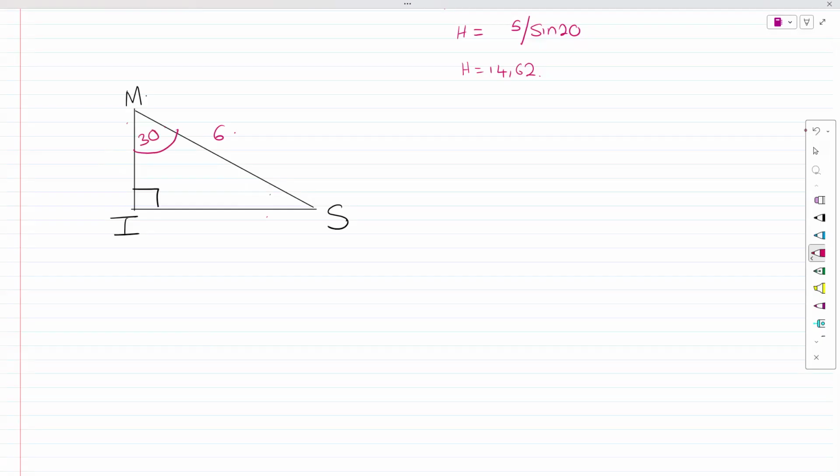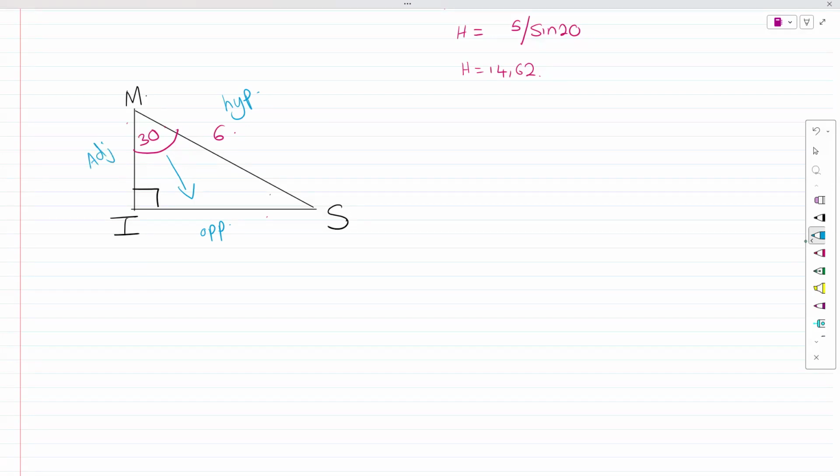Okay, you pick special angles, but it's fine. In terms of your 30, where's opposite? Opposite will be IS. Hypotenuse will be MS. And adjacent will be MI.